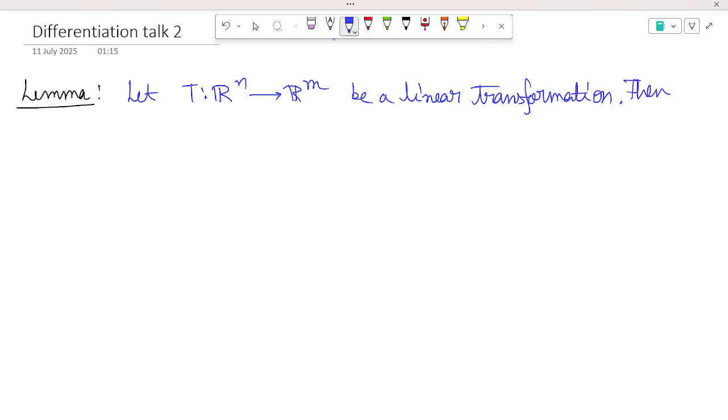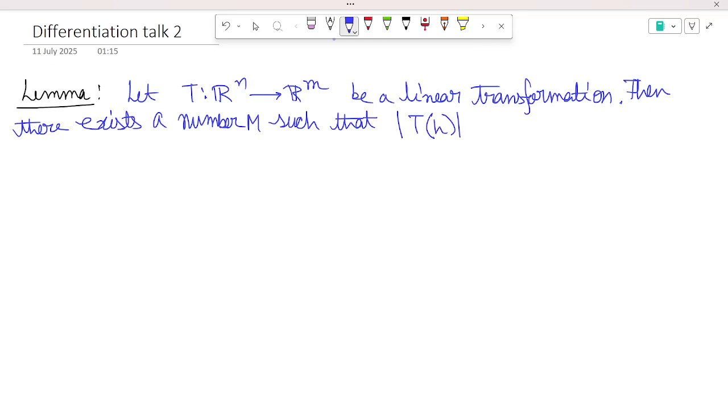Then there exists a number or constant M such that this norm of T(h) will be less than or equal to M times the norm of h. I will use this in the chain rule.